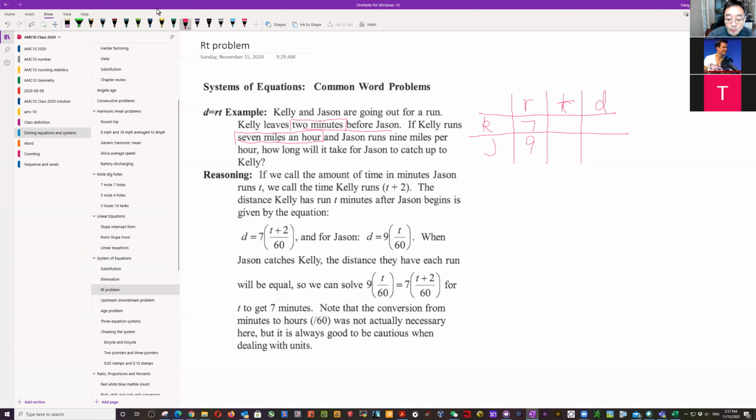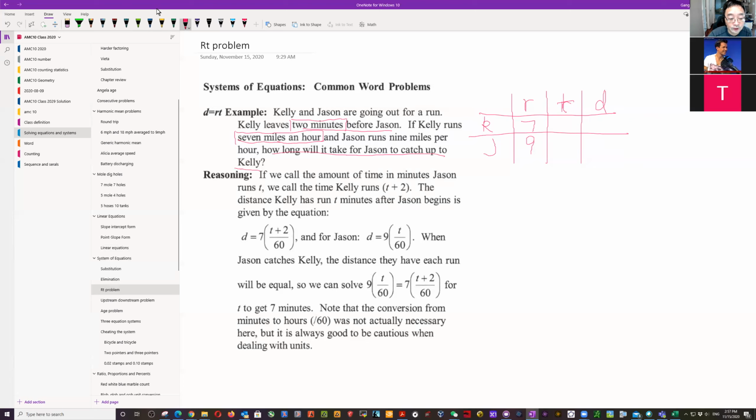The question is how long it will take for Jason to catch Kelly.